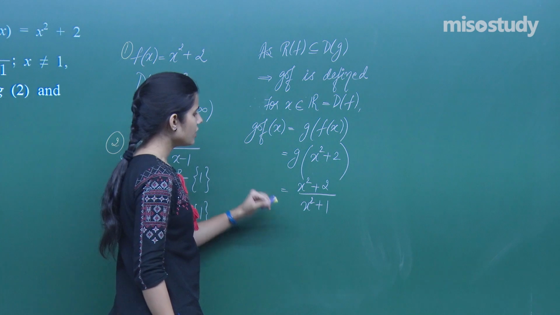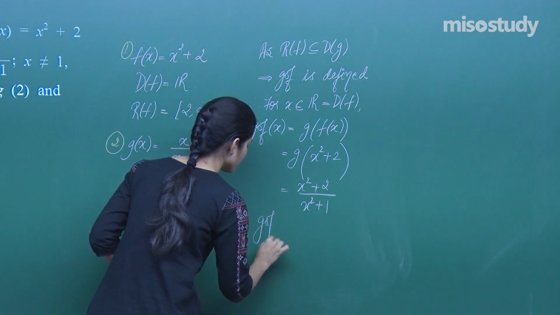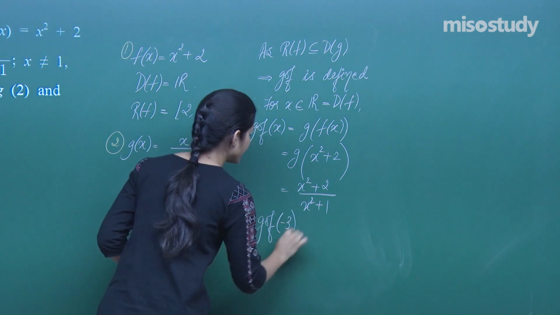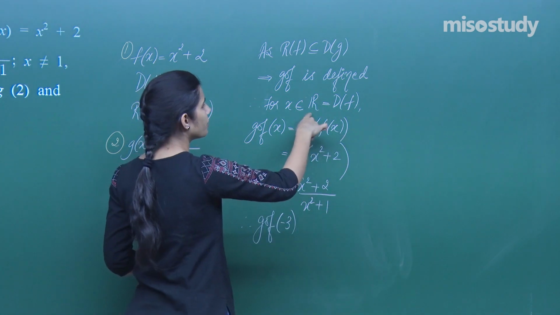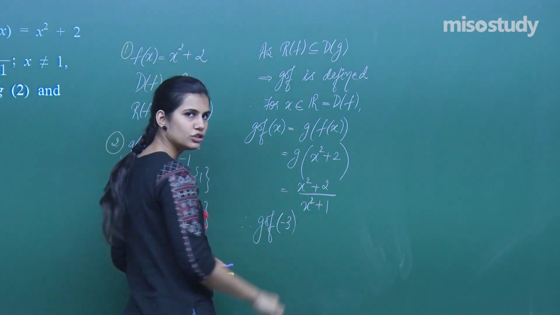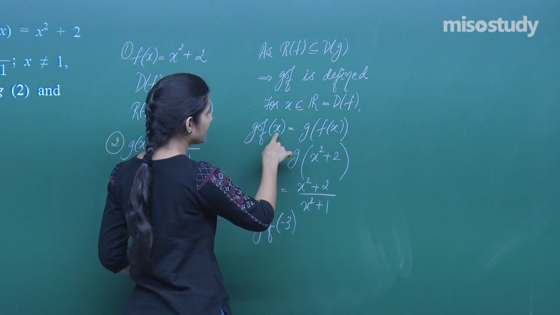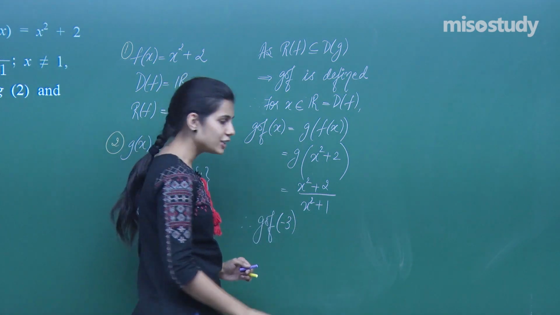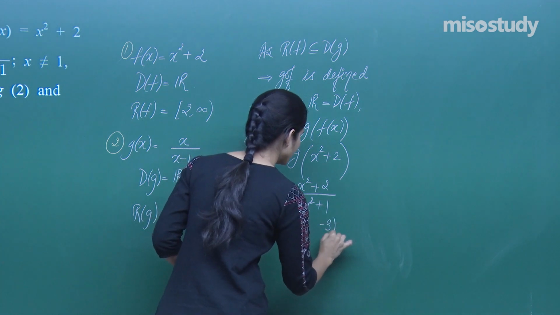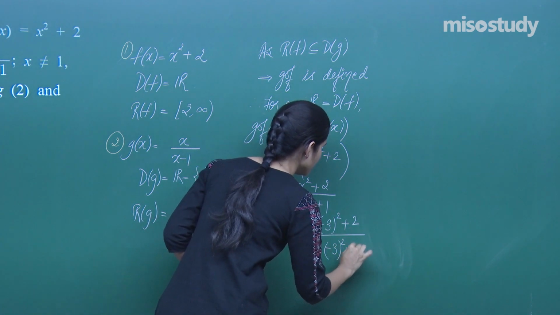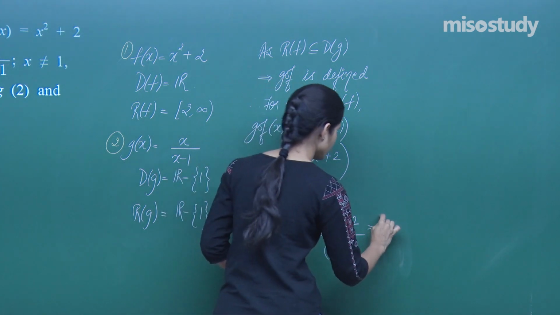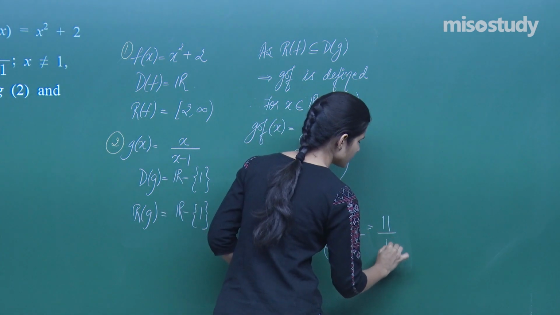This is your GOF of x, and therefore GOF of minus 3, where minus 3 definitely belongs to the collection of all reals, that is the domain of f, which is also the domain of GOF. So for x equals minus 3, GOF of minus 3 is a defined quantity and it is equal to minus 3 square plus 2 upon minus 3 square plus 1. This is 9 plus 2, 11 upon 9 plus 1, 10.